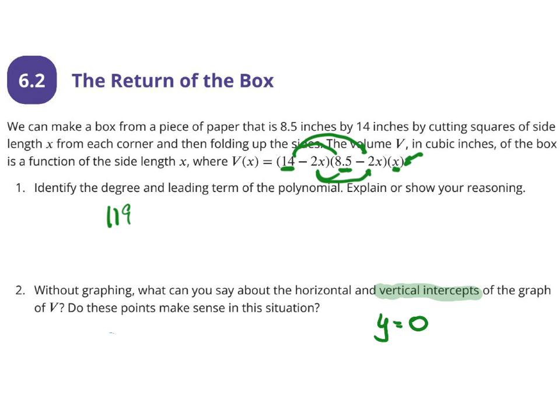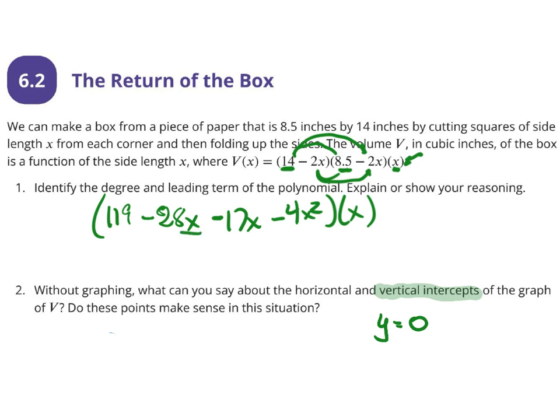14 times negative 2x is negative 28x. Negative 2 times 8.5 is negative 17x. Negative 2x times negative 2x is negative 4x squared. And don't forget about the x.